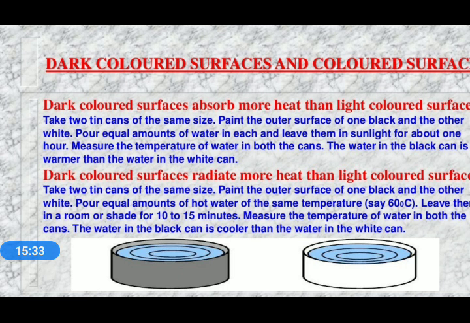Measure the temperature of the water in both cans. The water in the black can is cooler than the water in the white can. So from both these we can say that dark color surfaces absorb more heat, and dark color surfaces also radiate more heat.